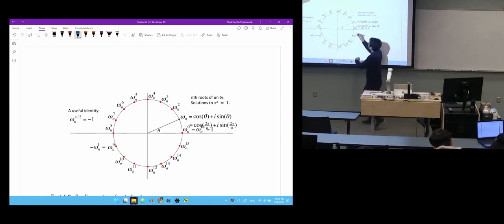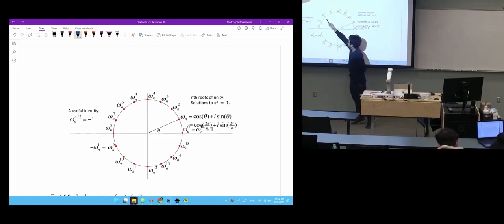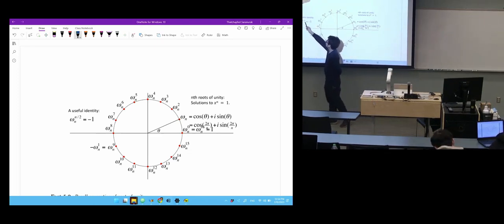Omega n is what you get when you rotate around the unit circle of the complex plane, right? Omega n is here, omega n squared is here, and so on. And omega n to the n over 2 is like you walk half the way.